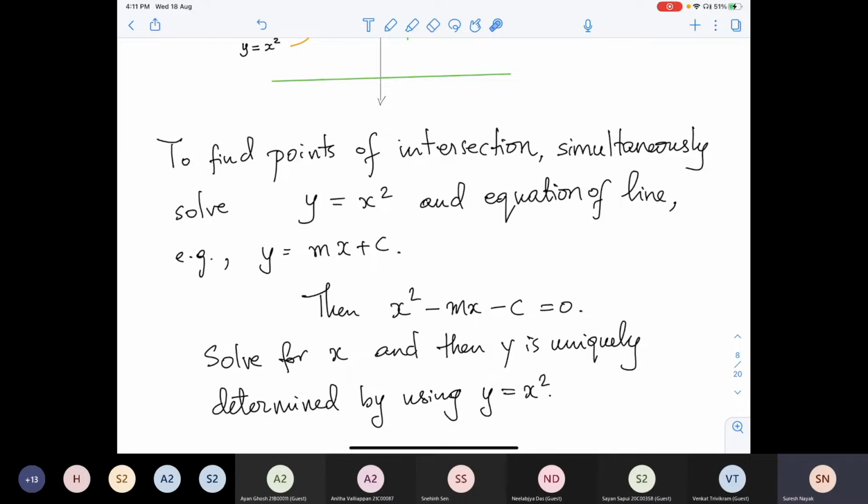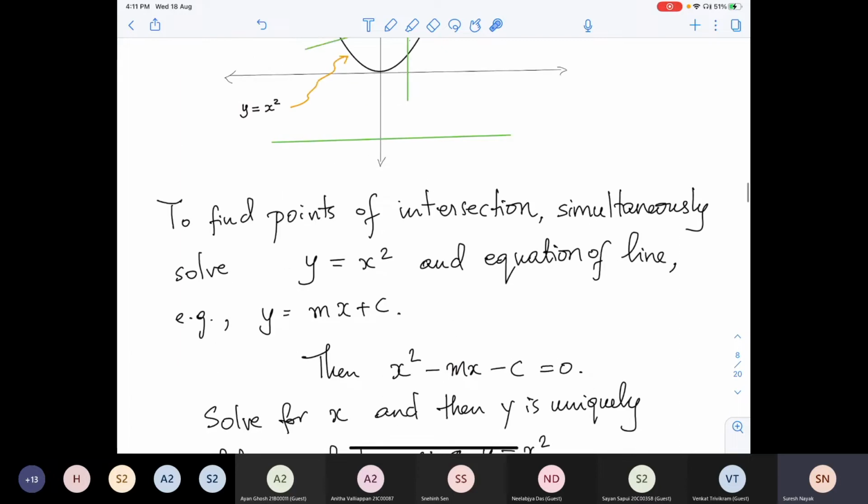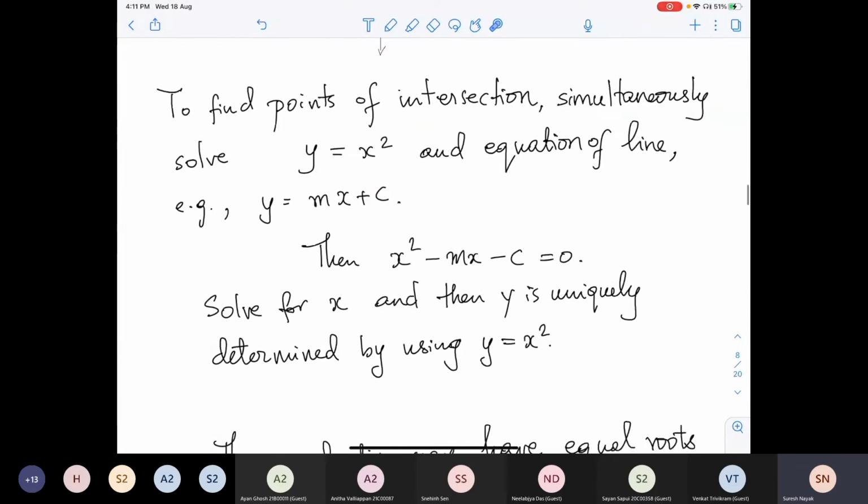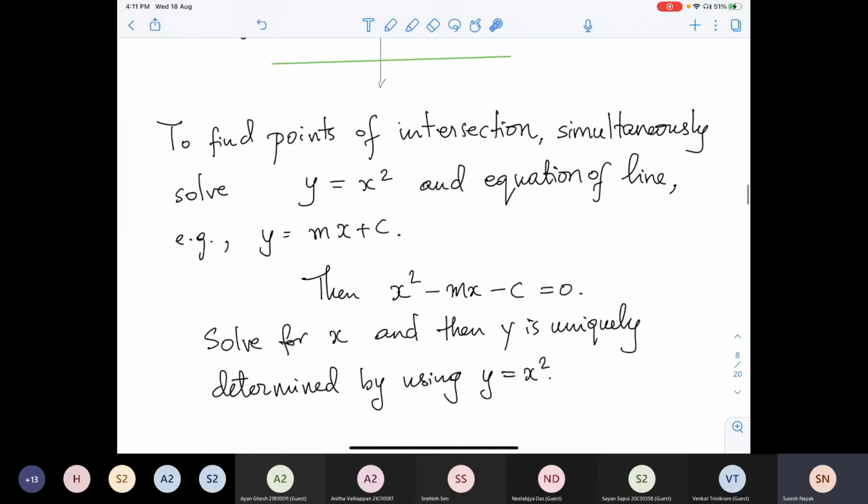These are constants where we shall vary m and c depending on how we want this line to look. This will take care of almost all lines, but not every line. So, by trying to solve these two equations, we have arrived at this equation. This is a quadratic. We can immediately solve for x.